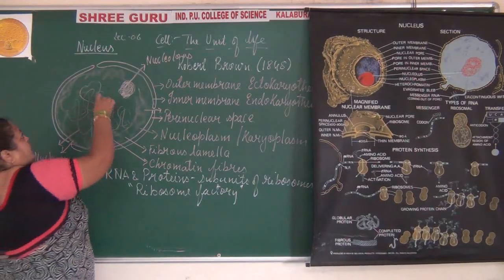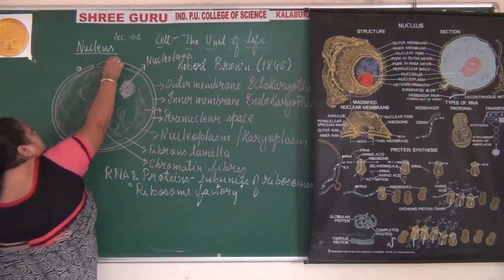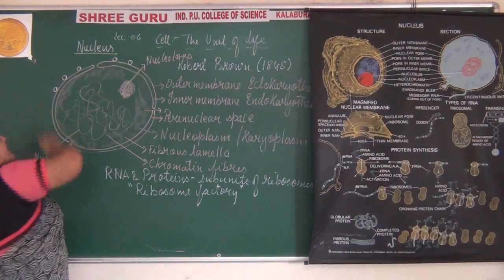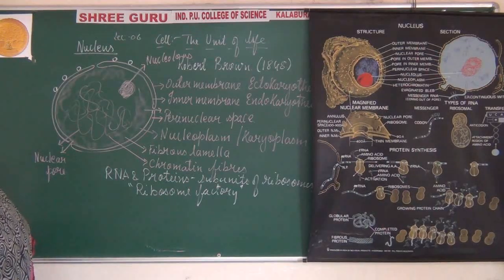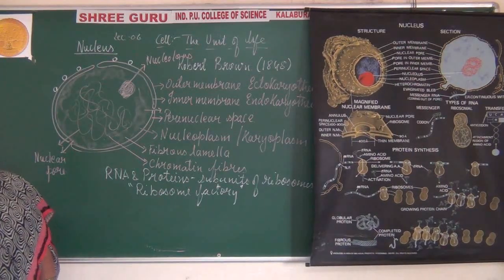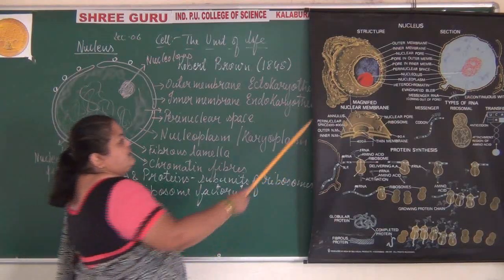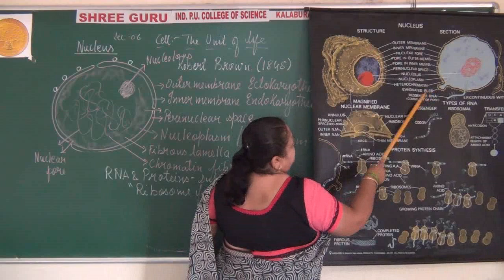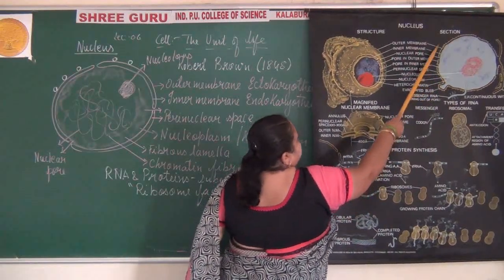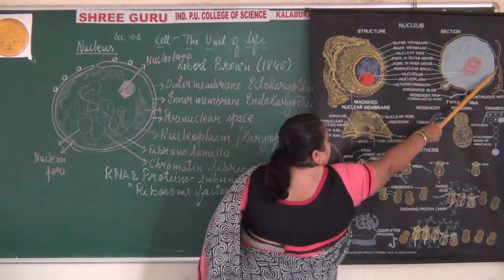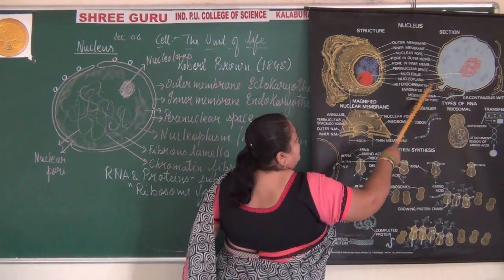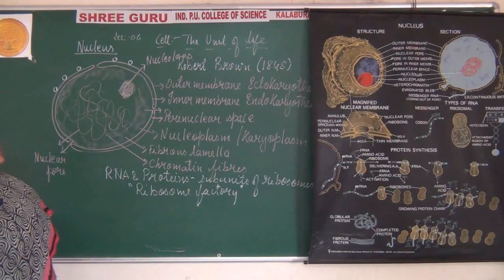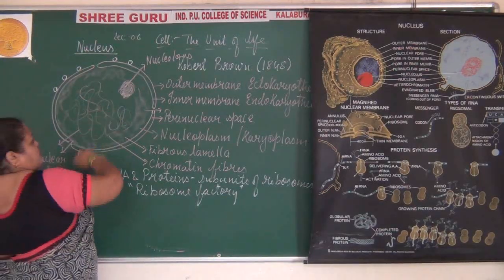When they come out, some of the ribosomes can be attached to the outer membrane of the nucleus. You will find on the outer membrane minute spherical structures located. So we can say that the outer membrane is associated with the ribosomes.